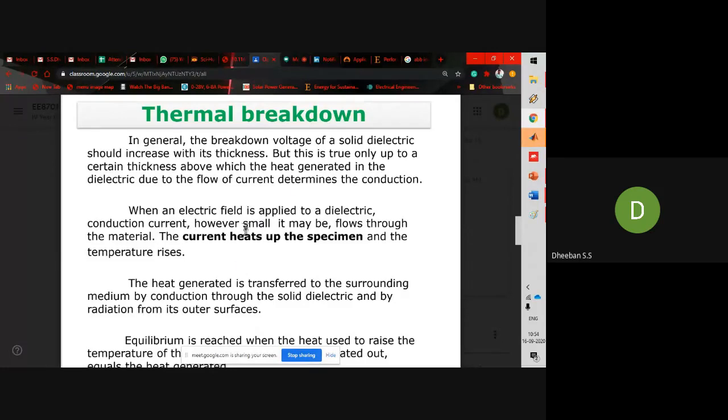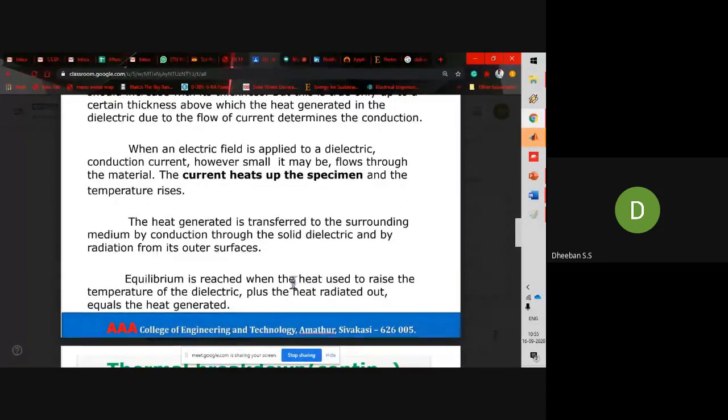But this very small amount of current will be heating the specimen. Similar to the current conduction in your electrical line, surely in practical case, always your line will be having I square R loss. So your I square R loss is one which will be contributing to the heating of the line. Okay, similar to that.